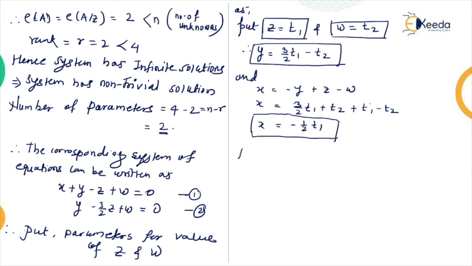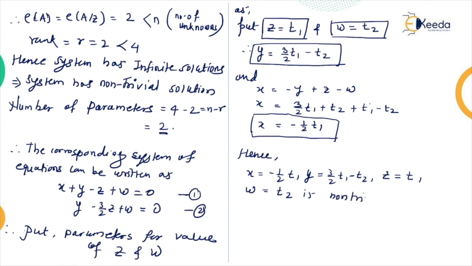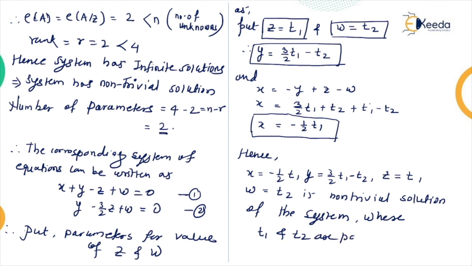Hence x is equal to minus 1 by 2 into t1, y is equal to 3 by 2 t1 minus t2, z is equal to t1, w is equal to t2, is a non-trivial solution of the system, where t1 and t2 are parameters.